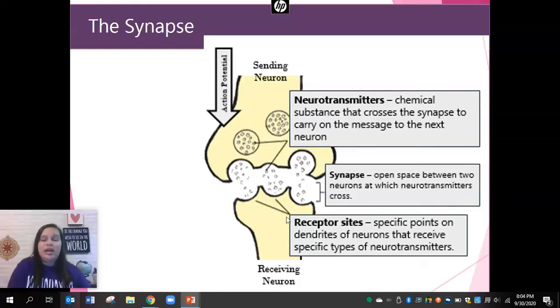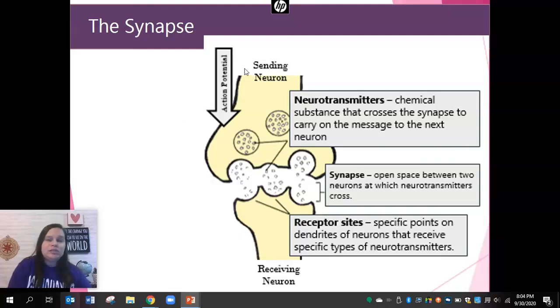The receiving neuron has receptor sites, and it doesn't look like it in this image, but this is actually the dendrites of the next neuron. So those neurotransmitters float across there, they bind, they deliver their message, and then they actually go back across the synapse to where they came from.